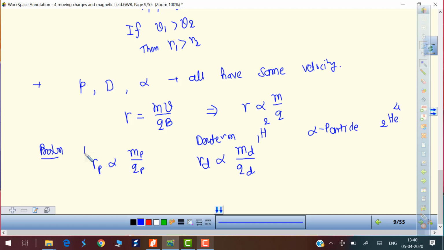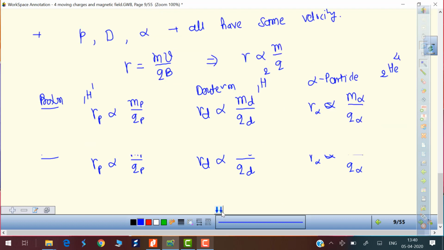And proton is 1H1. So here we have mass 4. So again I write, for the alpha particle, R is proportional to mass of the alpha particle divided by charge of the alpha particle. Okay, now I can compare. Suppose I want to compare these two.